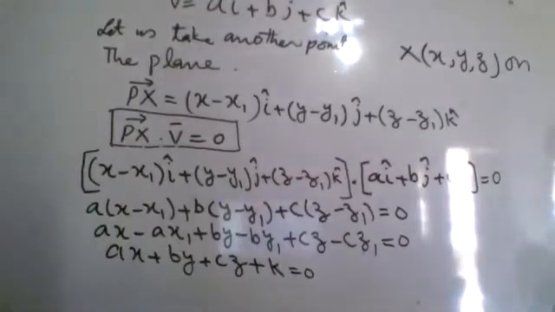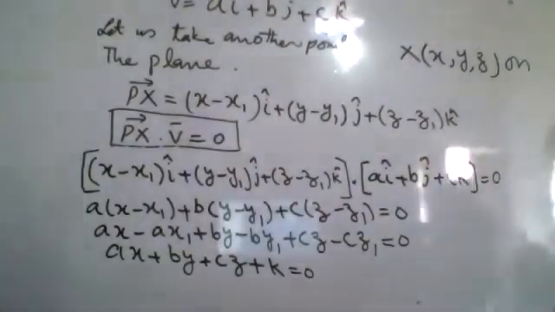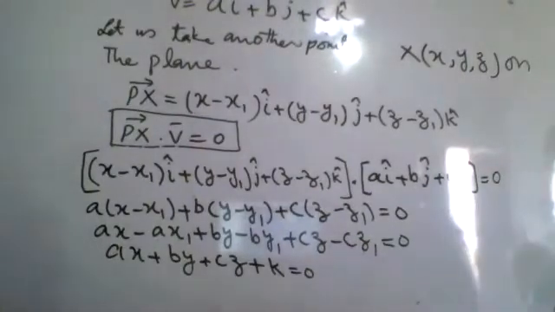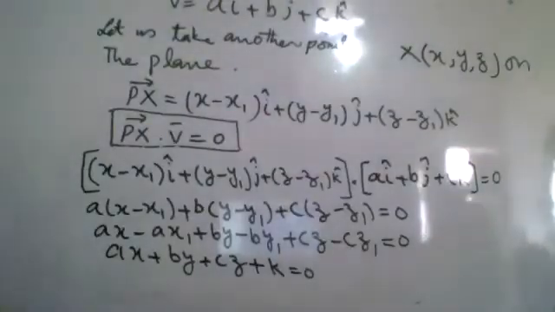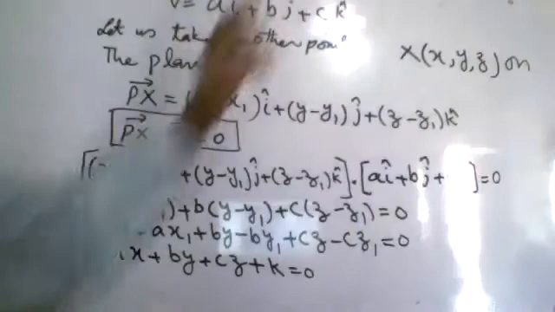So now we will do the exercise. Exercise 12.5, plane. Find the equation of the plane in exercises 21 to 26. So from question 21 to 26, we will find the equation of the plane. Point P naught is given, 0, 2, minus 1.